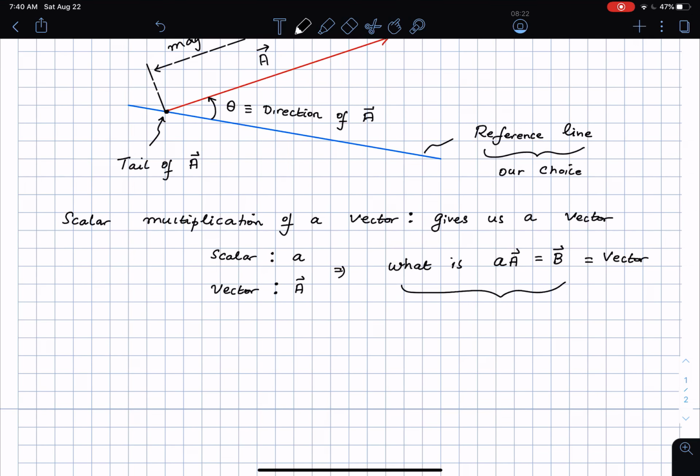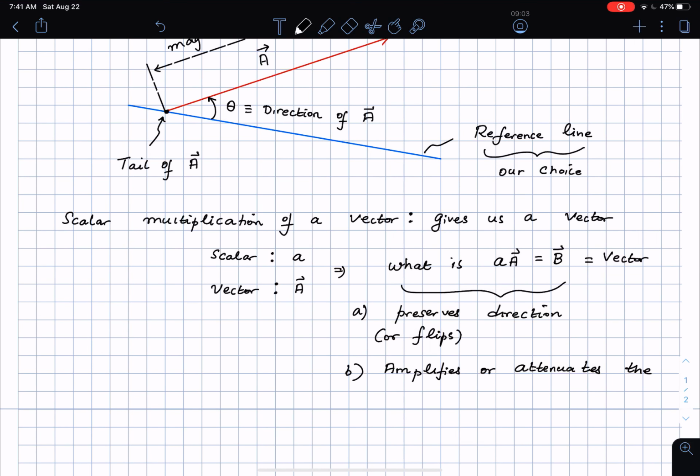It preserves direction, or flips it. If little a is negative, it might flip the direction of the original vector A. And depending upon whether little a is large or small, the product little a times vector A is either going to amplify the original vector in its magnitude or attenuate its magnitude. Okay, so it amplifies or attenuates or reduces the original magnitude of vector A.